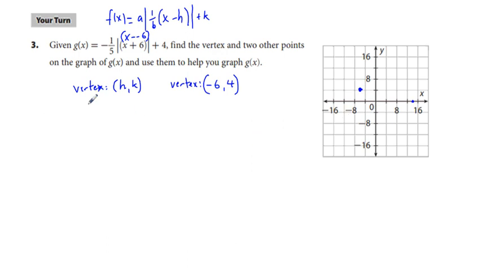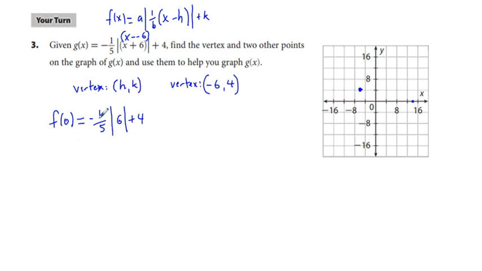If we pick out 0, what do we get? F of 0 is going to give us one other point, and that's going to be negative 1/5 absolute value of 0 plus 6, which is 6, plus 4.